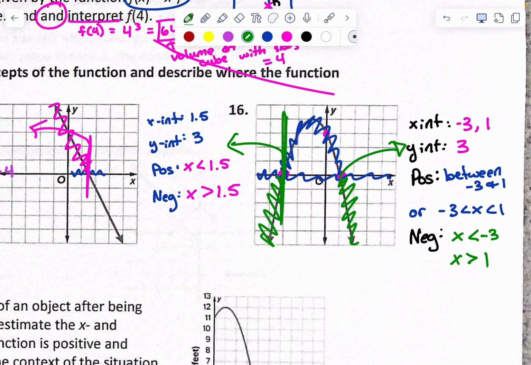Okay. You getting this? Good, good, good. Very good.